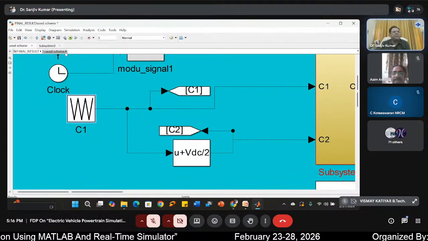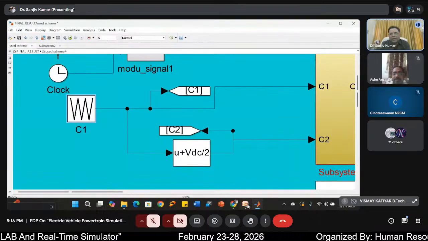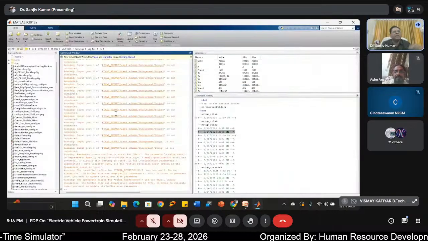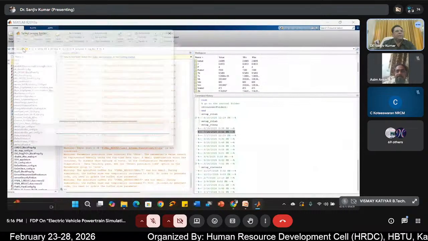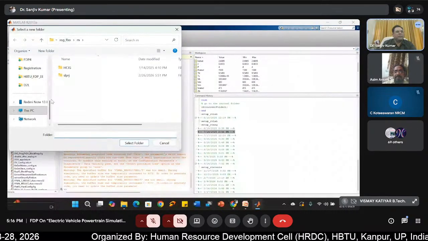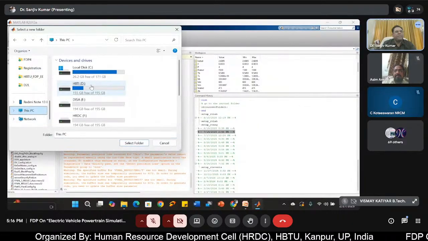So let me start with this 5-level inverter.